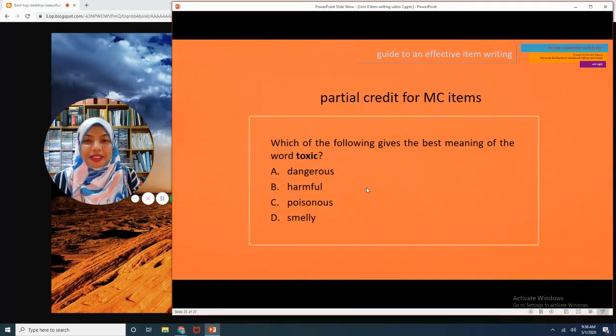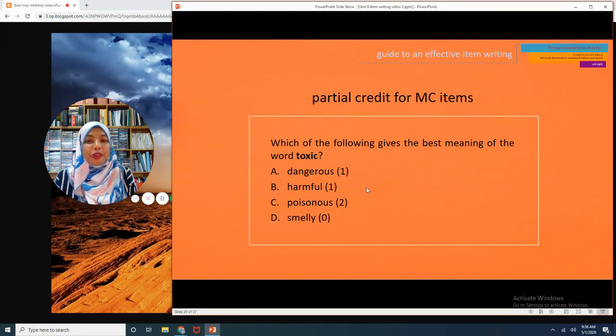There you go. All right, so let's look at another example of an item with a partial credit concept. Which of the following gives the best meaning of the word toxic? And you have four options there: dangerous, harmful, poisonous, and smelly.